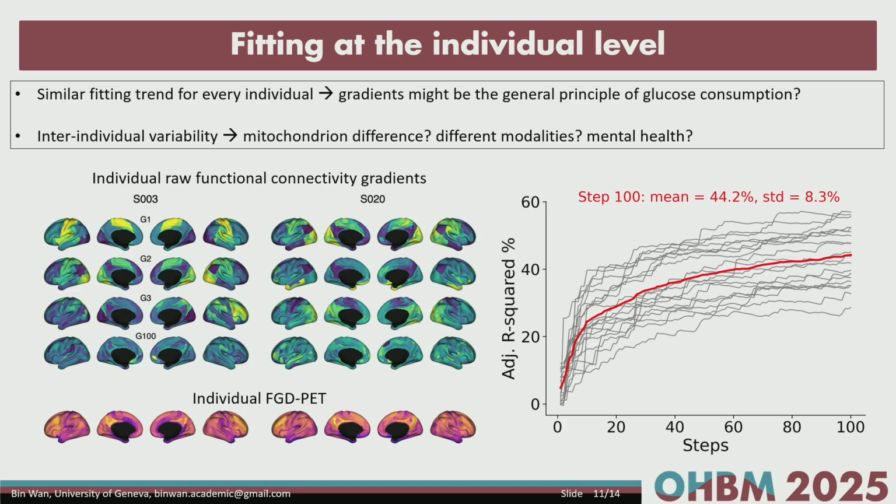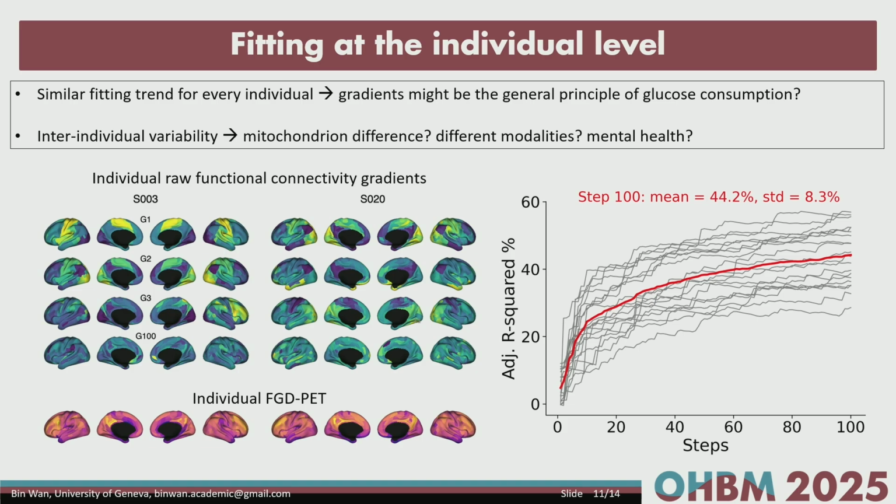But here we want to generalize this result, so we use raw functional gradients, and we show two subjects here, S003 and S020, and they really show different gradient maps. However, the fitting trend is still growing and growing, and the convergence is also at 60 gradients for different subjects.